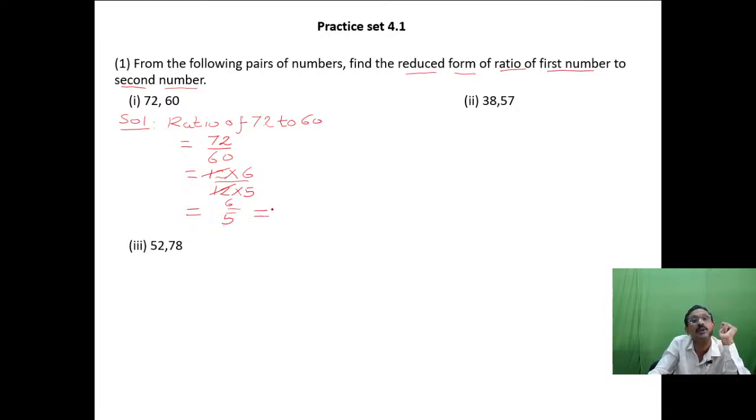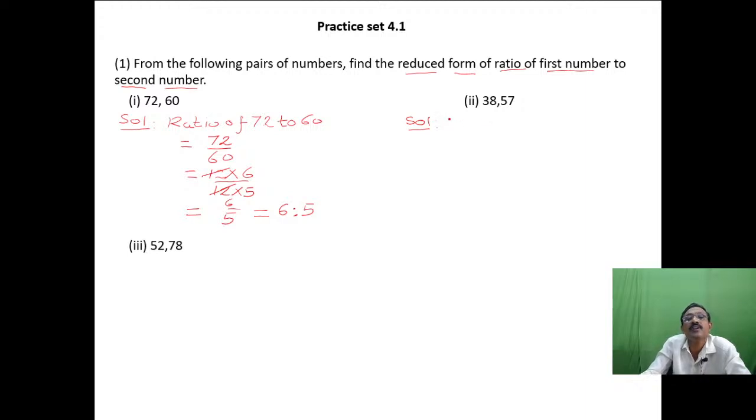We have to express it in ratio, 6, you can see these two dots, which is called 6 is to 5. Let us move with the second sum which is given to us, 38 and 57. There are two numbers given to us, 38 and 57. So let's solve this. We write the solution.